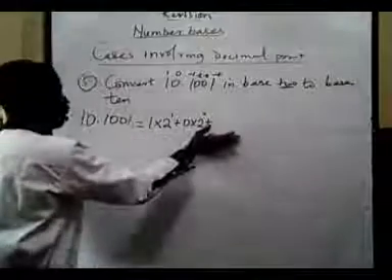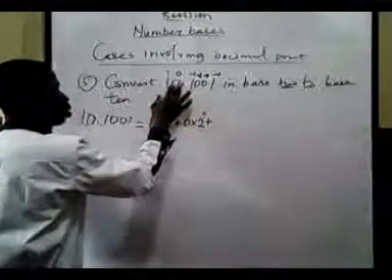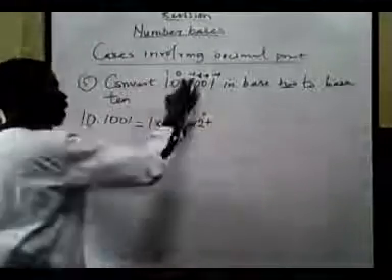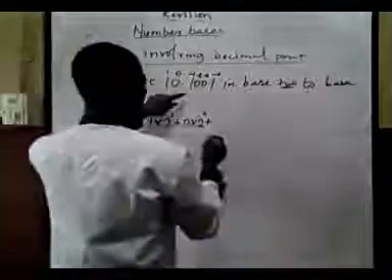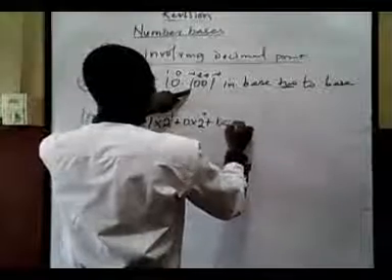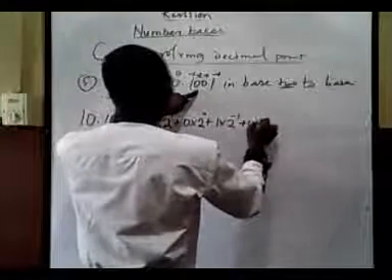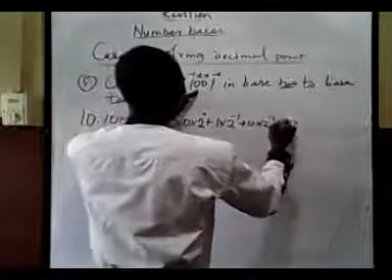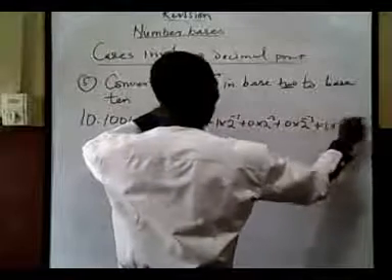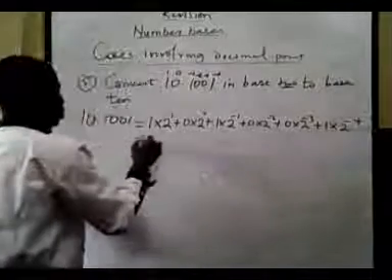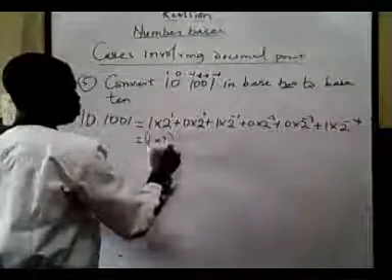Please, when you are dealing with the work, you will do it with decimal point. The negative power has made us to know that there is a decimal point here. Plus 1 times 2 raised to power -1 plus 0 times 2 raised to power -2 plus 0 times 2 raised to power -3 plus 1 times 2 raised to power -4. This is 1 times 2, quite alright.